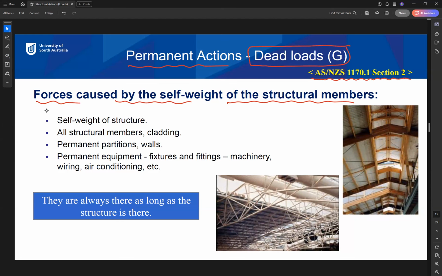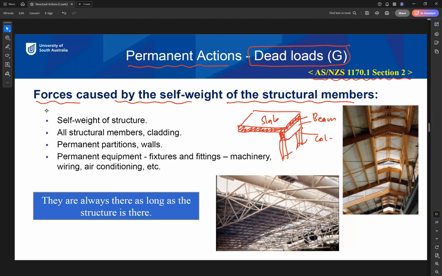So any structure, like for example, the first example we mentioned today, we have roof, we have beams, we have columns, right? So slab or roof and beam, column. So the weight of all these members is considered our dead load.